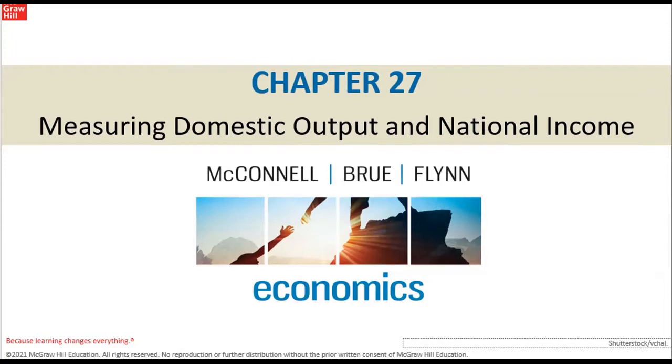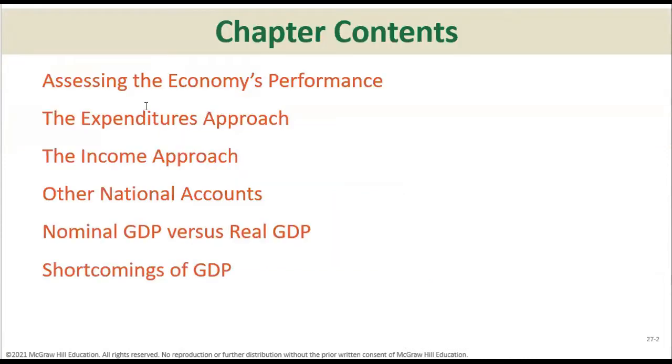So the content of the chapter will be how economists assess country performance and the different approaches to calculate GDP. We'll talk about the expenditure approach as well as the income approach.